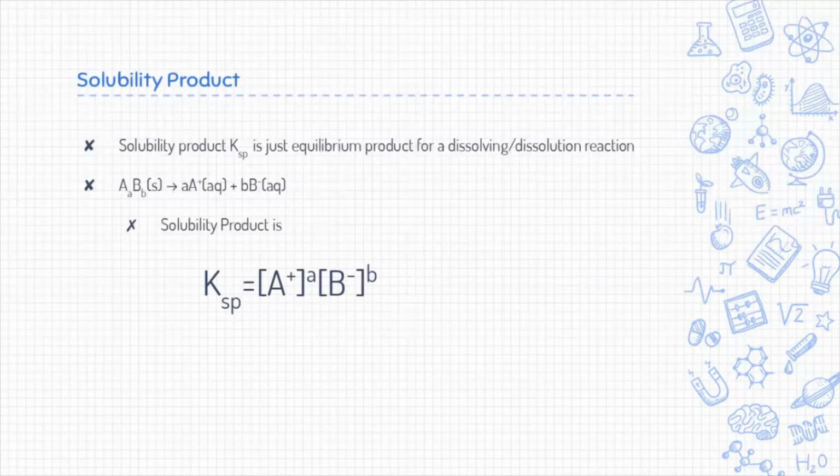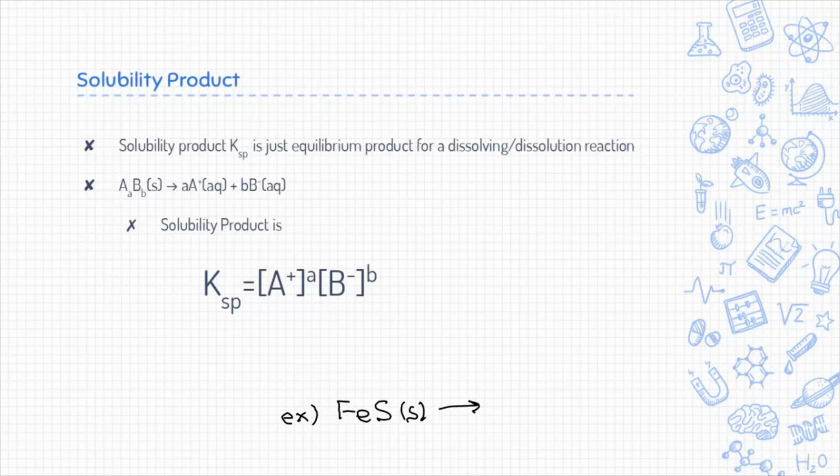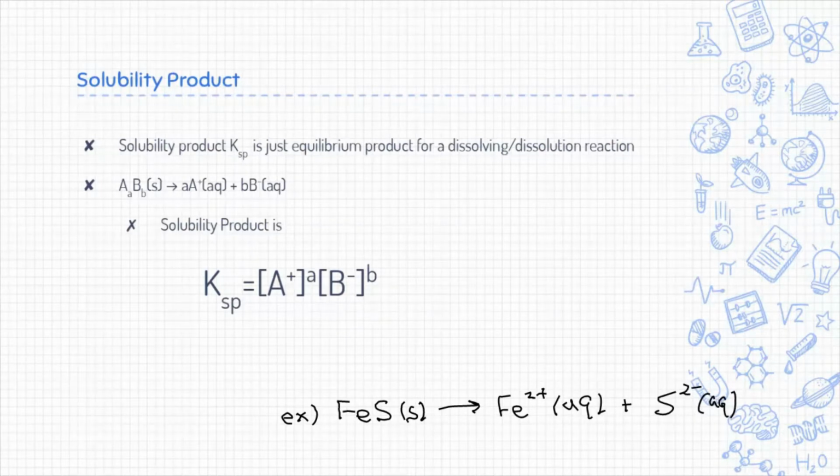So if you had this compound, A subscript a and B subscript b as a solid dissolving into A ions and B ions, the solubility product would be just the concentration of A to the a-th power and the concentration of B to the b-th power. Kind of as we talked about before, it's just an equilibrium expression, so don't get too caught up in the terminology of solubility product.